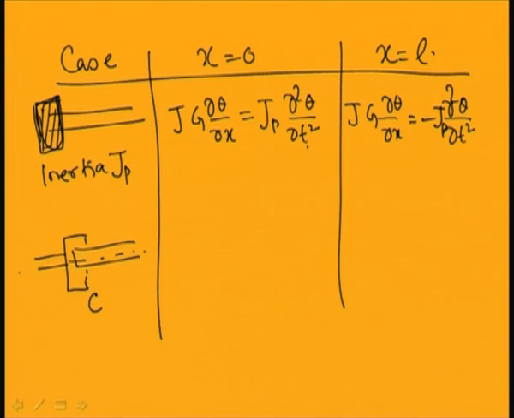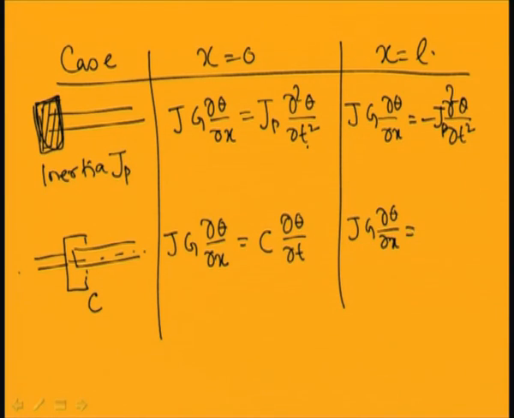So, the torque at the left end, G J del theta by del x, will be equal to C del theta by del t. Similarly, at the right end, G J del theta by del x will be equal to minus C del theta by del t. You can see that by putting one negative sign in the left end boundary condition, we get the boundary condition at the right end.